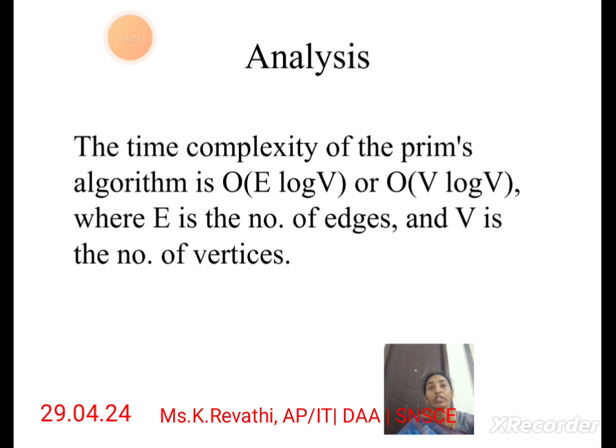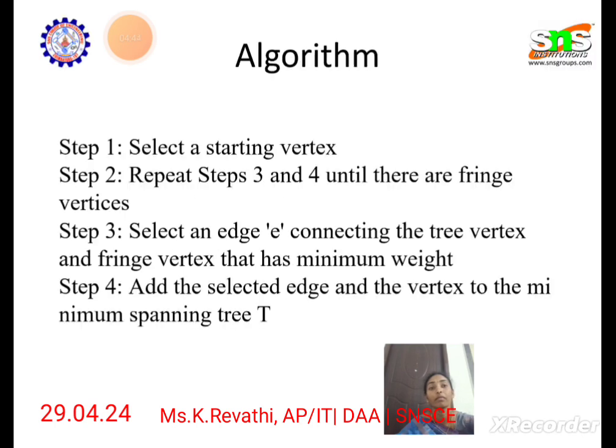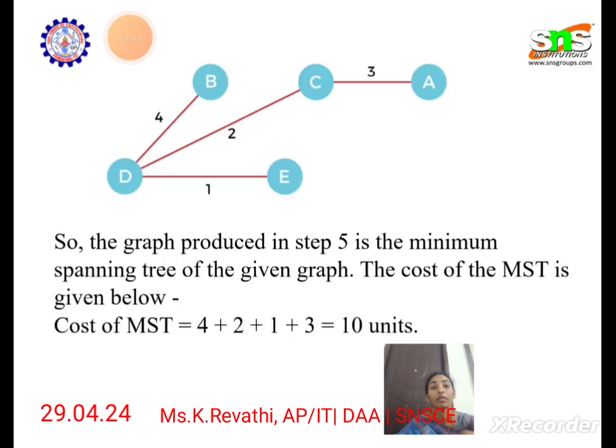The conclusion of this is that we have to construct the minimum spanning tree for the given graph using Prim's algorithm. Here we obtain the minimum spanning value as 10 units.